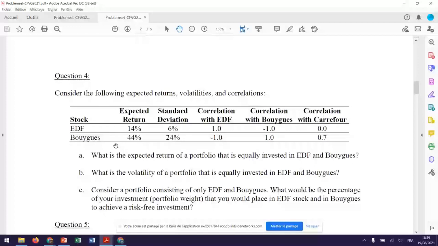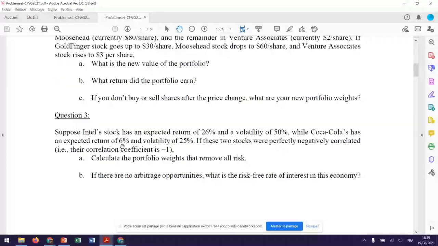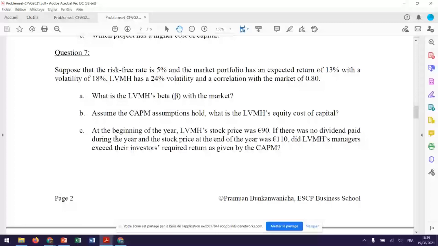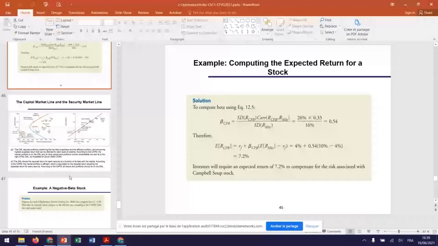You should be able to solve question 2 until question 7. I suggest that we stop class now, because it is a little bit a lot for you.